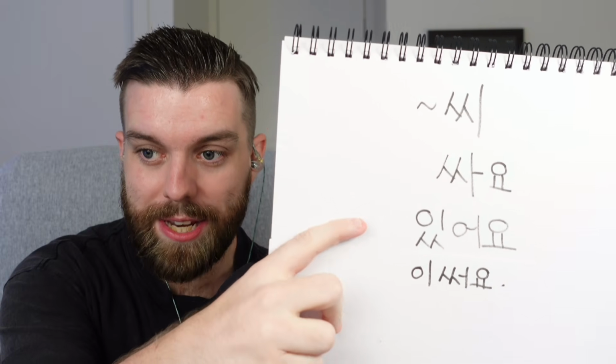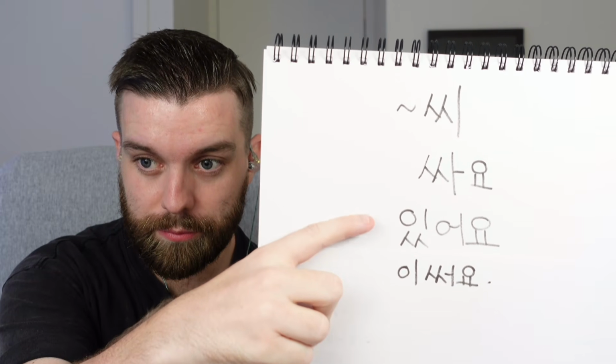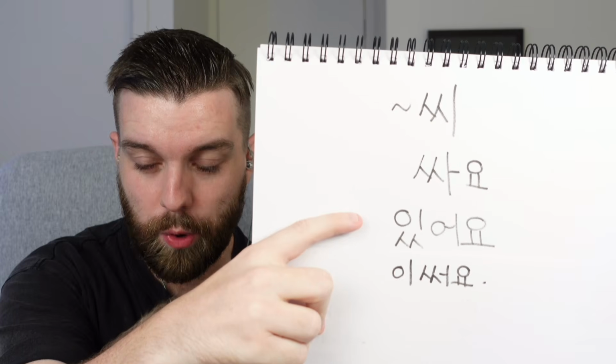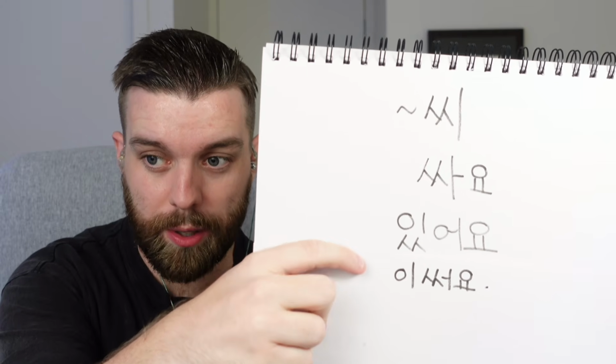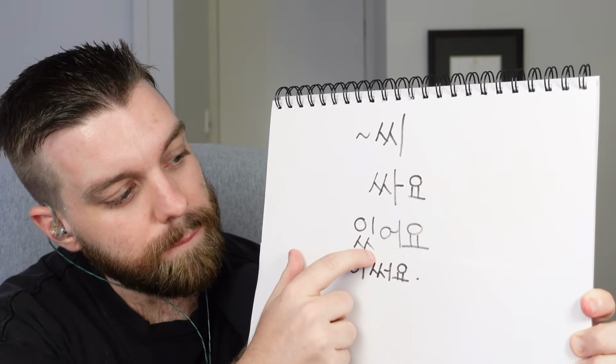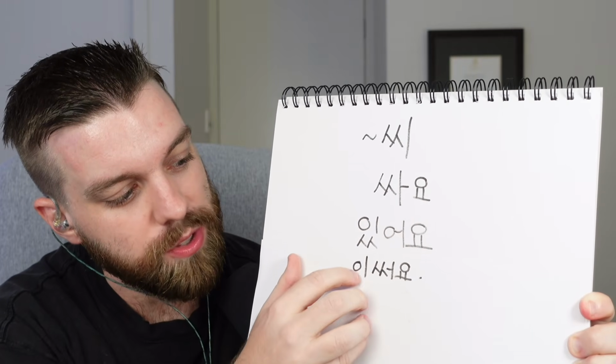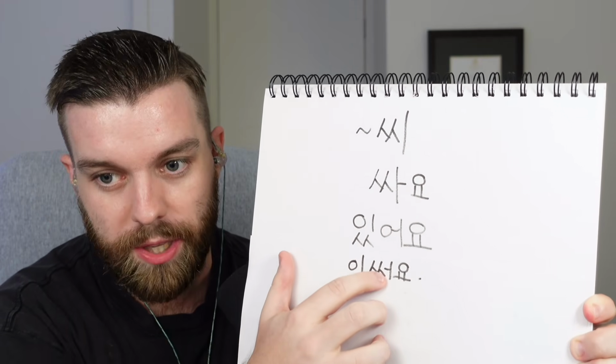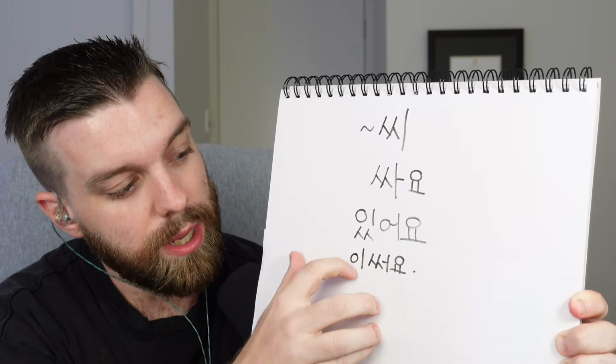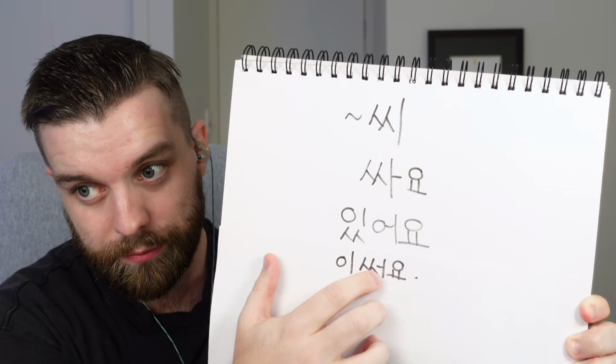But the correct writing is this one. Right? Correct writing is this one. Because this sound here carries over to this vowel. So pretty much it disappears from under here and it goes over here when you pronounce it. 있어요. Right? There are times though, correct. Oh, not necessarily syllable blocks.